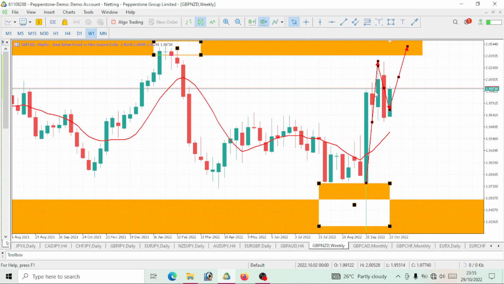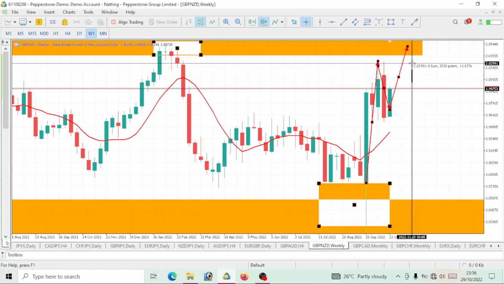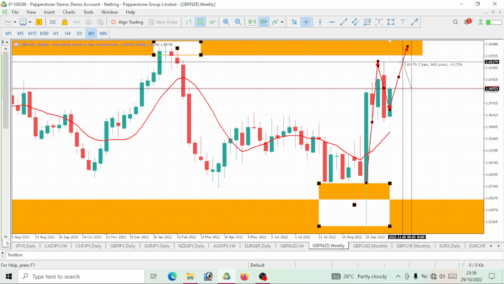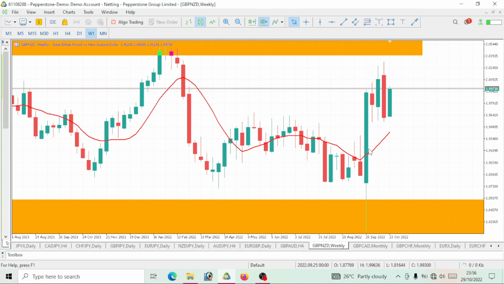So this week we should be able to make at least 300 pips also, because we would want to first of all see this price move to our previous highs where price dropped to, and from here to that same level we would have about 340 pips. So if we can make 300 pips this week, then it is actually not bad though. It is still okay and it is still fine.